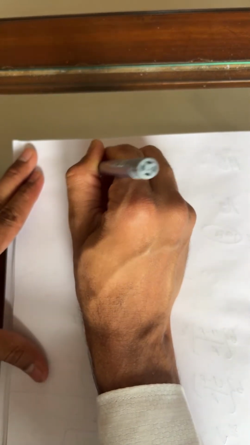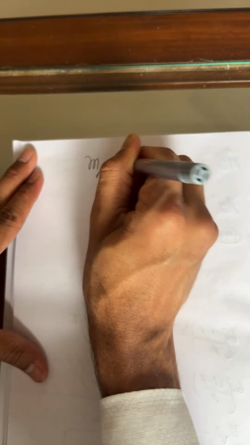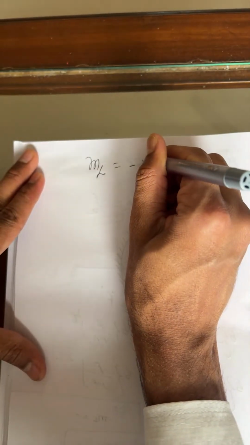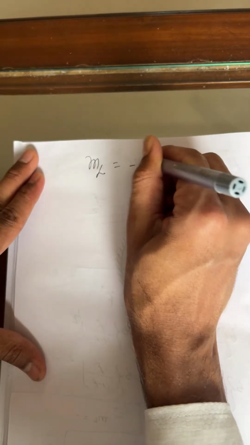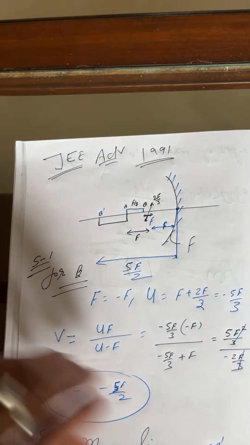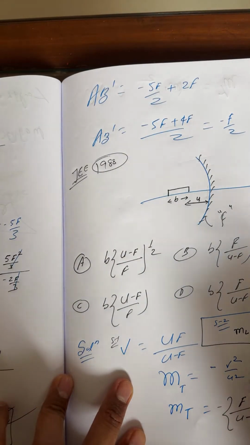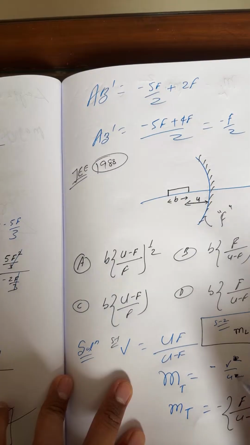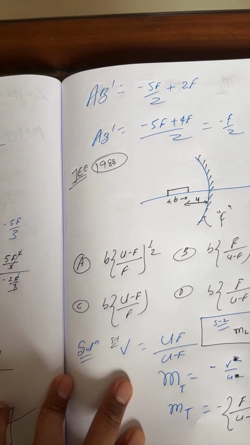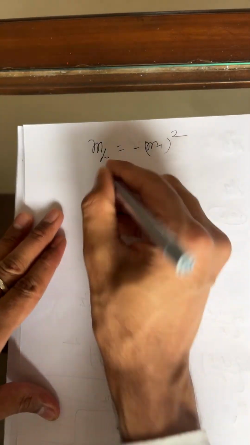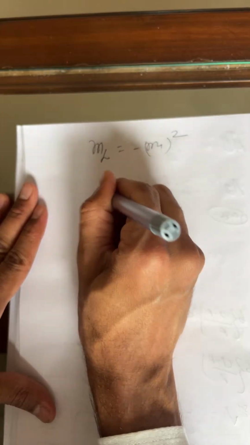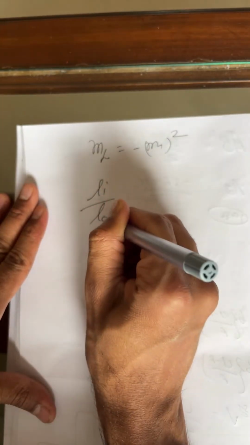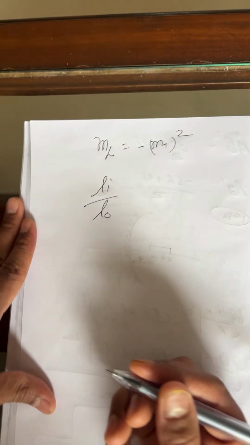There is a relation here for longitudinal magnification: minus beta times, you can say, m-transverse squared. This is the transverse only here. Transverse beta. So ML, you can also write, length of object upon length of image, upon length of object.